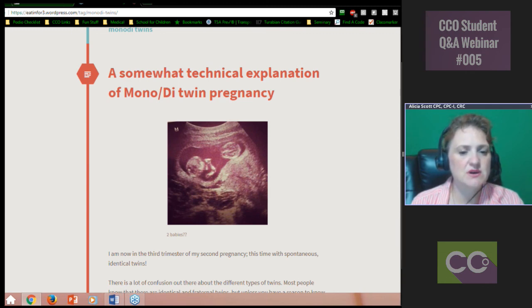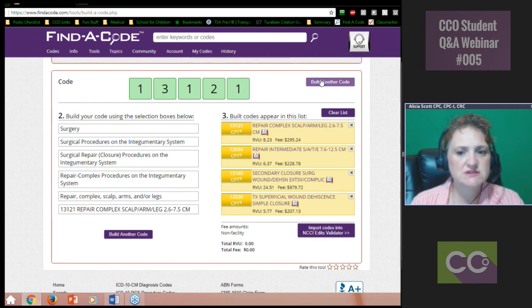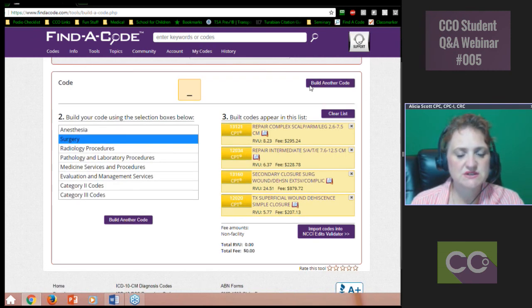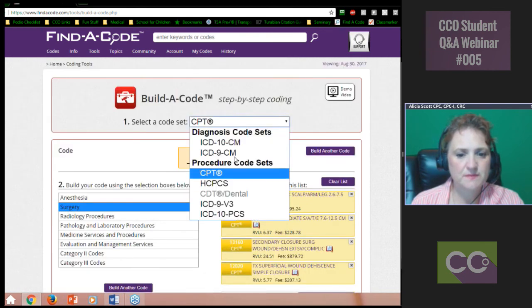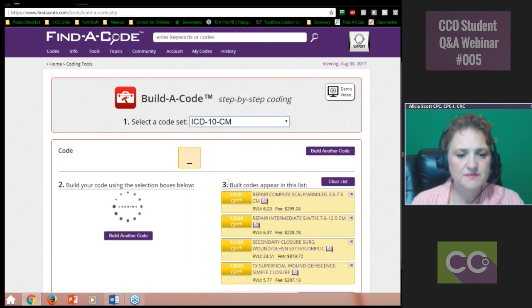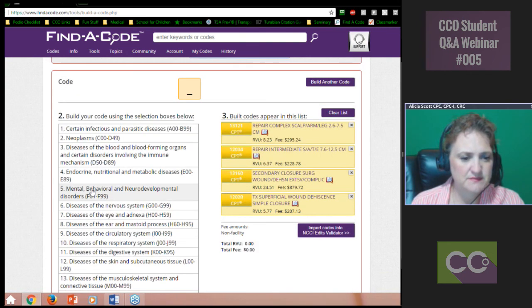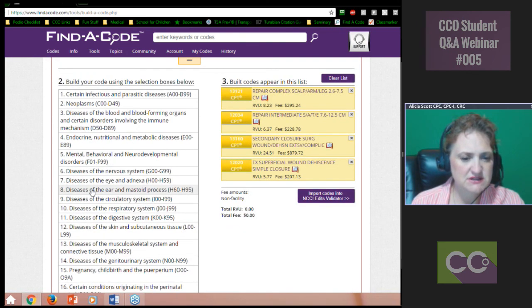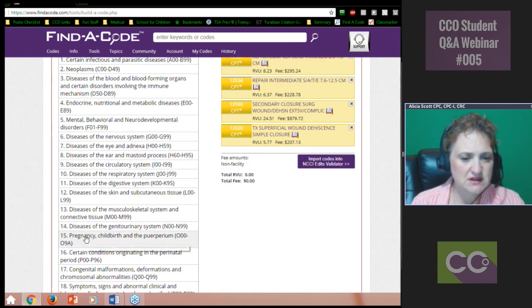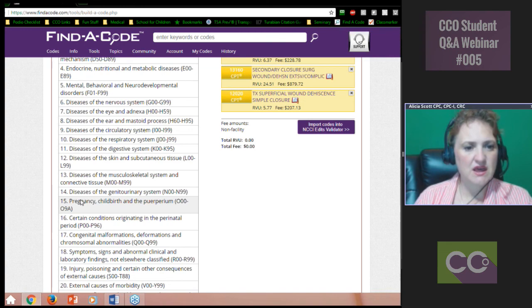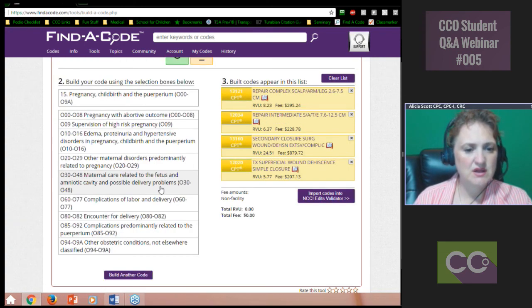Let's go. Well, let's build a code real quick for these twins. Let's go to ICD-10. Now, what do we have? We're going to go to obstetrics, pregnancy, childbirth, and then this is not complication of labor and delivery.